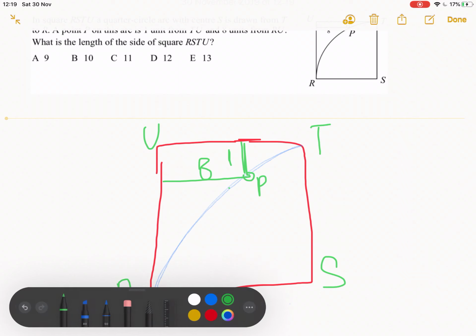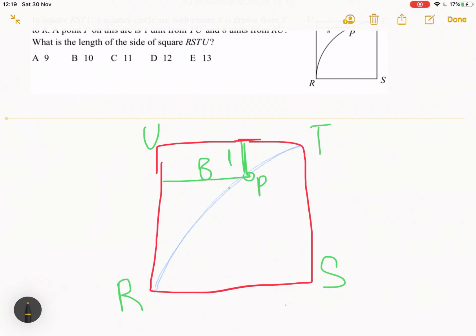So basically we want to find out the length of, say, UT, because it's a square, so any side will be the same. We want to find the length of UT by finding the length of this, which we can name x minus 8 if UT equals x.